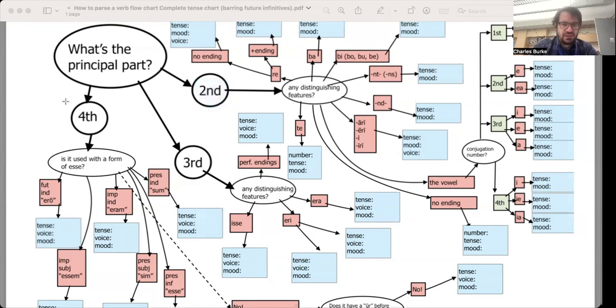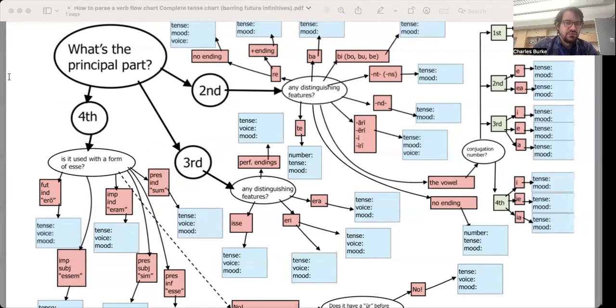If you see third principal part, we know it's perfect, pluperfect, or future perfect, and that it is active. And if you see fourth principal part, we know it's perfect, pluperfect, or future perfect, and that it's passive.